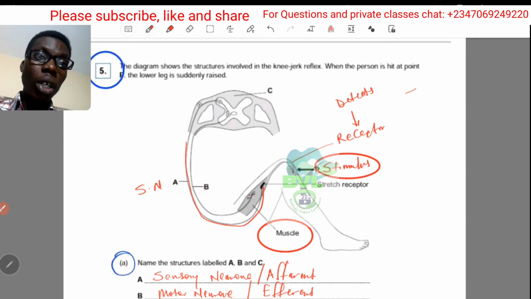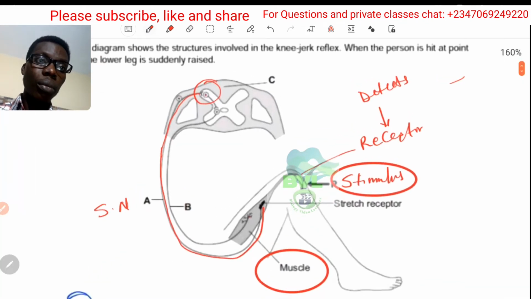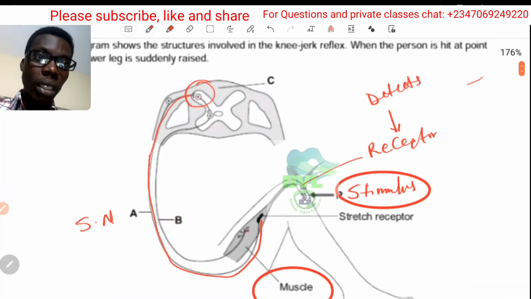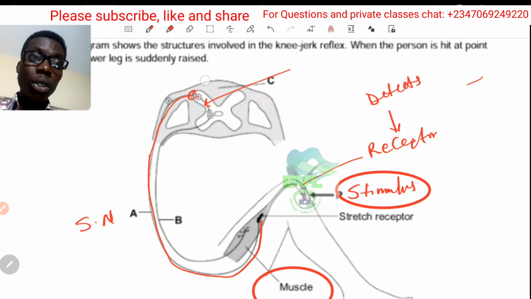Then it goes on like that. Then the synapse. So this is a synapse between, this is a motor neuron, sorry, this is a relay neuron and the end of the sensory neuron. So that's the synapse there.